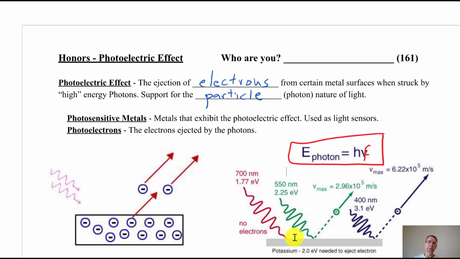This little gray thing here at the bottom represents, in this case, potassium, a metal. And this red is a photon coming in, hitting that surface. The red photon has a large wavelength but low energy. Say a red photon has 1.77 electron volts of energy, and some have a little bit more depending on the shade of red, but around 1.77.